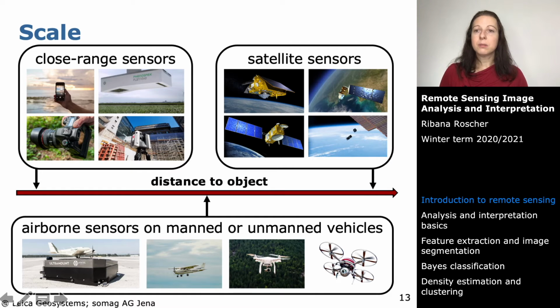Okay, so this is about scale. Even if we talk a lot about satellite remote sensing, there are also a lot of other sensors which can be used for remote sensing. And in the end, it only matters that you are not allowed to touch it, and when you do not touch it, it's remote sensing.